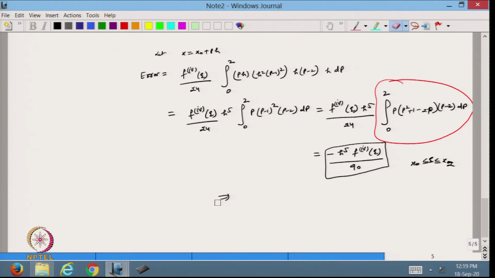Now, let us go for the Simpson 1/3 composite formula.